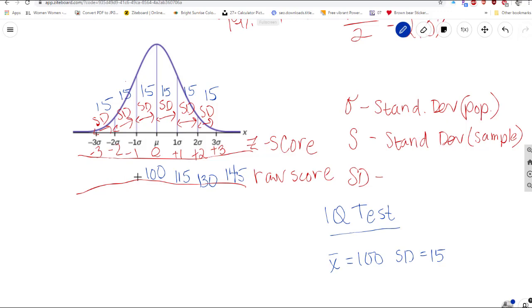When the mean is 100 and the standard deviation is 15, that's going to be 85. 2 standard deviations below the mean, a z-score of -2, would be 70. And another standard deviation below that, a z-score of -3, would be 55.